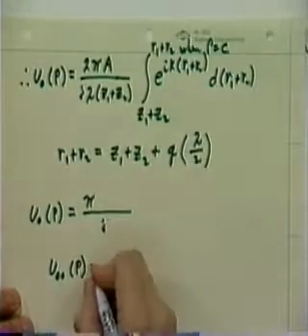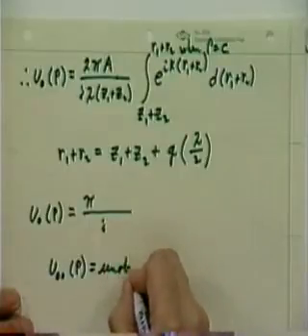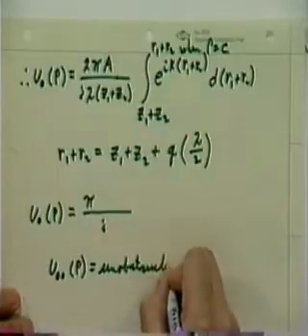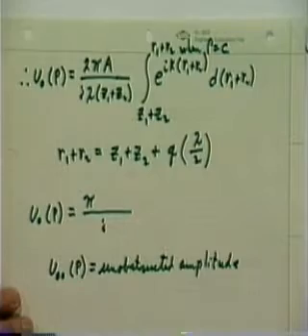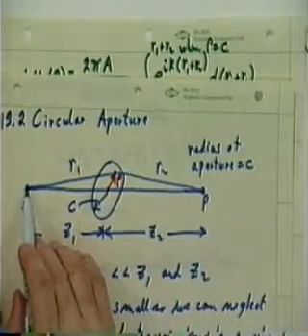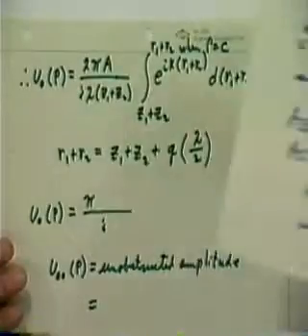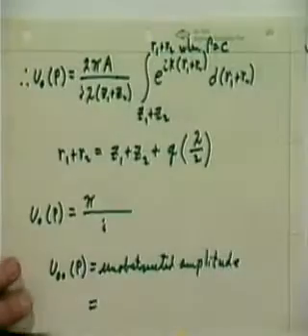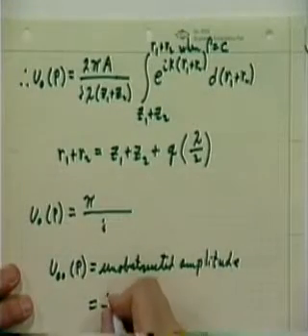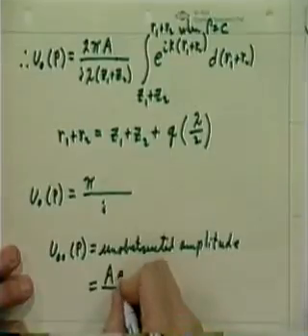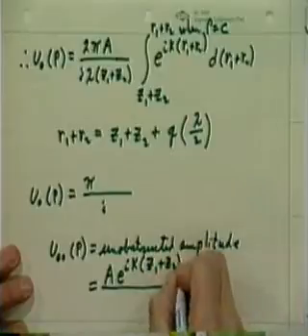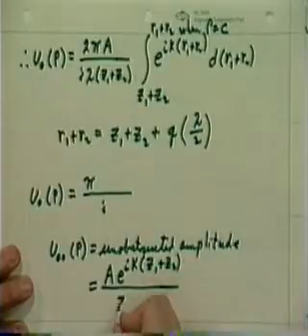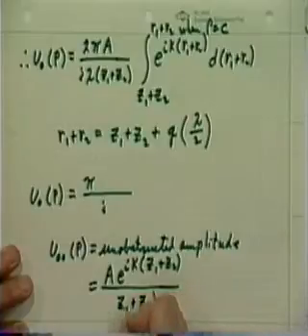So u double zero of p is the unobstructed amplitude at point P. If I have this spherical wave coming out here, the amplitude at that point would simply be a e to the i k times the distance z1 plus z2, divided by the distance z1 plus z2. Okay?